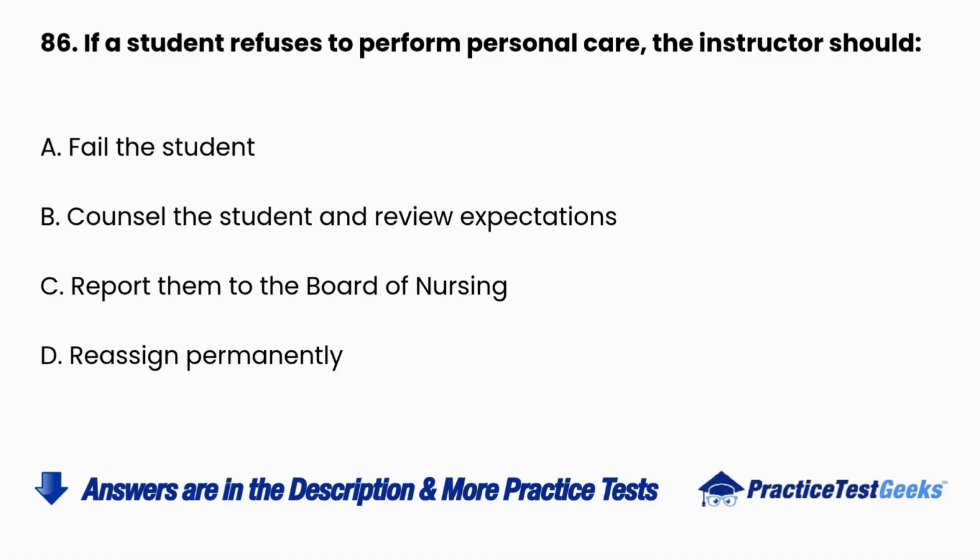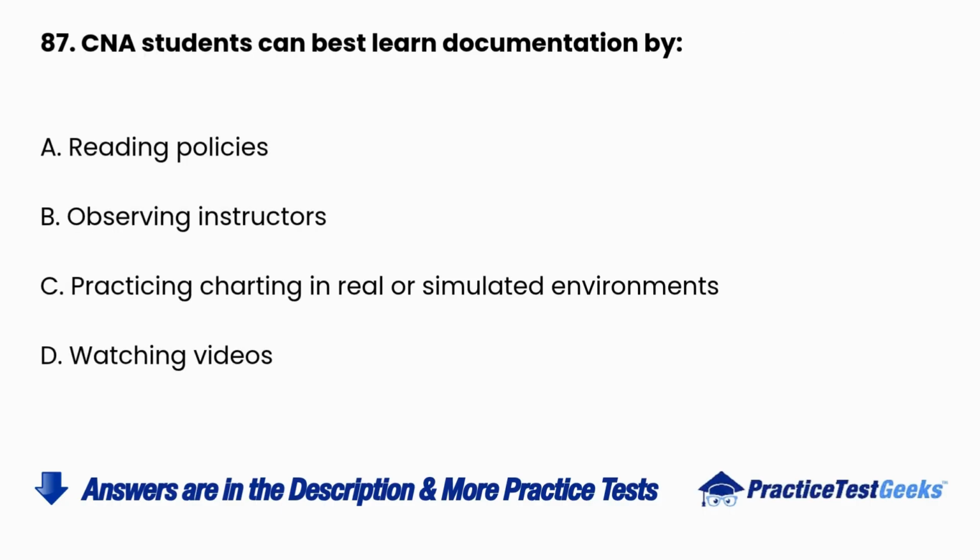86. If a student refuses to perform personal care, the instructor should A. Fail the student. B. Counsel the student and review expectations. C. Report them to the Board of Nursing. D. Reassign permanently. 87. CNA students can best learn documentation by A. Reading policies.